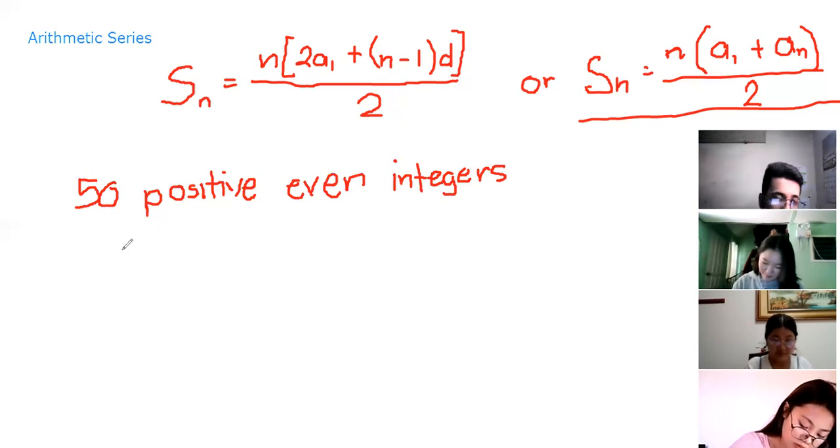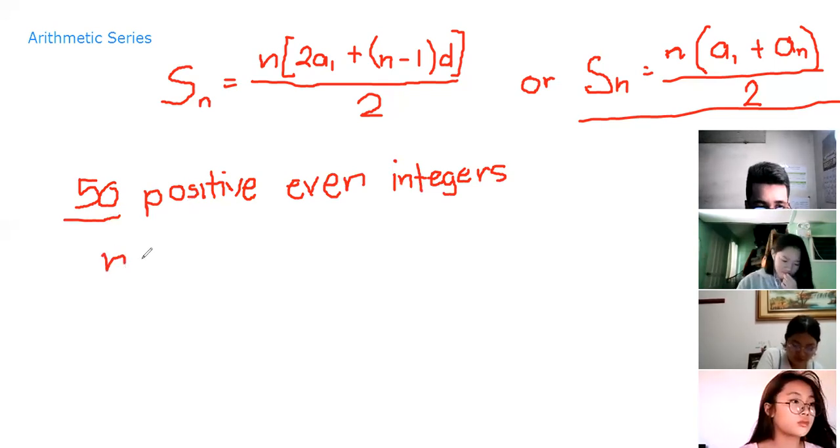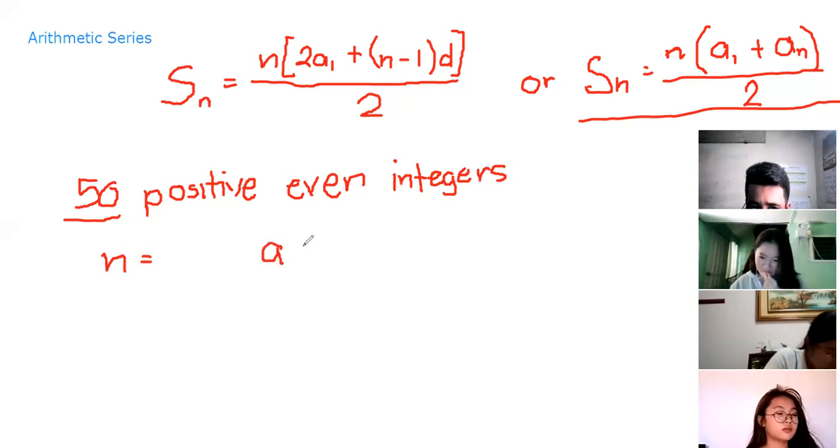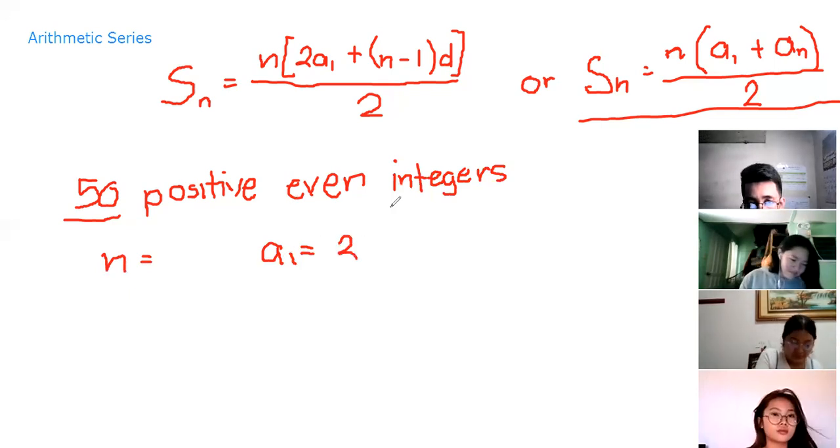So, ilang term lahat tayo? Yung 50 positive integers, so what will be the value of our n? Then, our a sub 1. Nakalagay naman dyan, ang a sub 1 is 2. So, syempre, kung first 50 even integers, ang magiging common difference natin ay also 2.